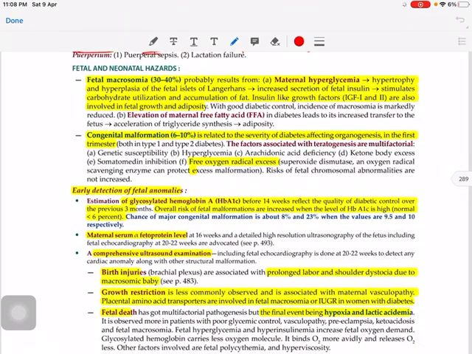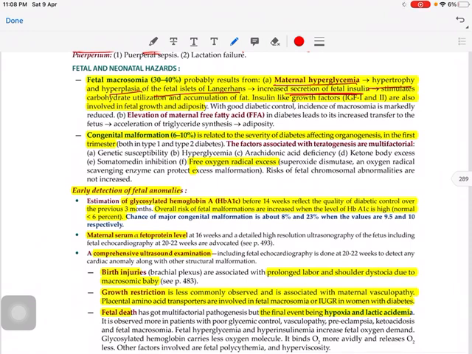Fetal macrosomia. When we have maternal hyperglycemia, there is hypertrophy and hyperplasia of fetal islets of Langerhans, and they increase the secretion of fetal insulin. Because there is maternal hyperglycemia, there will be hyperglycemia in the fetus also, so it will release insulin.